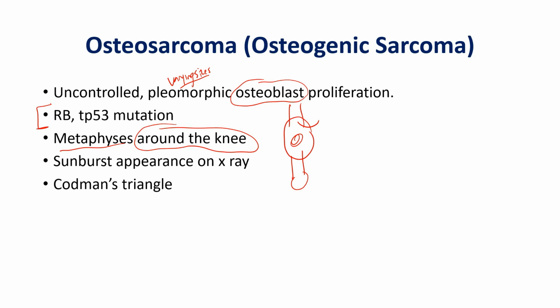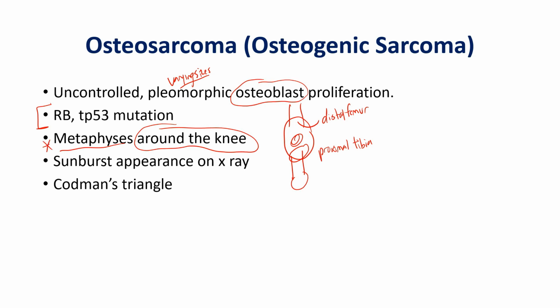So we're referring to the distal femur, a common location, the distal femur at the metaphysis there, or it's going to be the proximal tibia. You can also see it in the fibula as well, but usually it's in the tibia, so the larger bones around the knee. But don't forget, it's going to be mainly at the metaphysis.